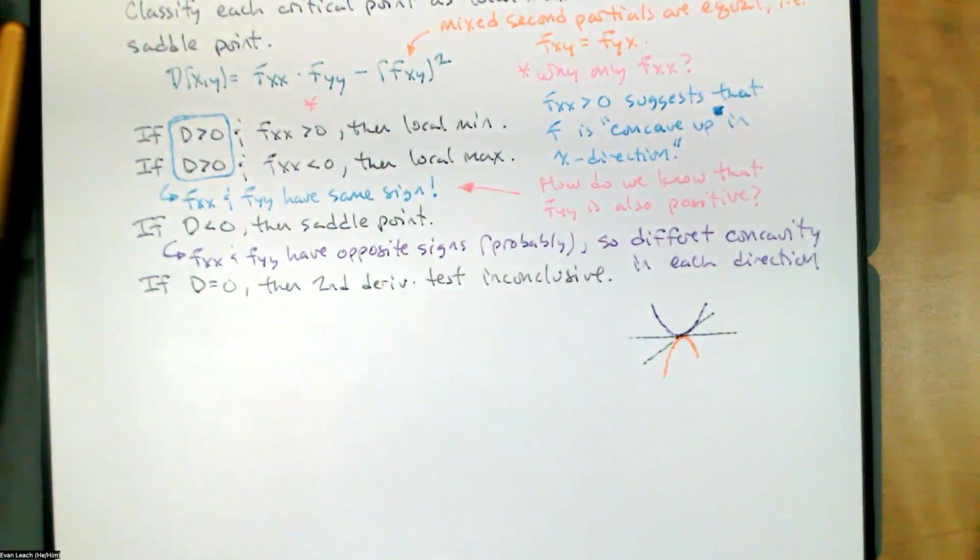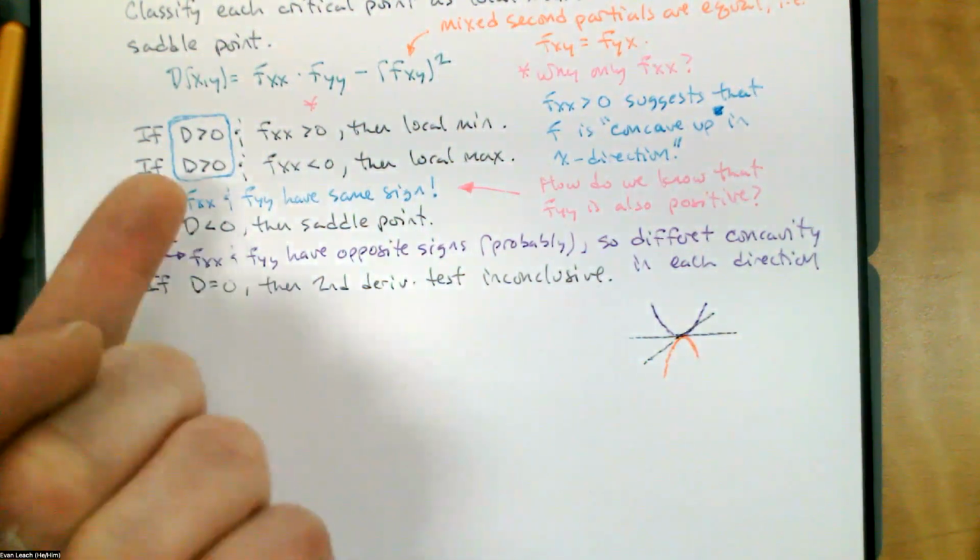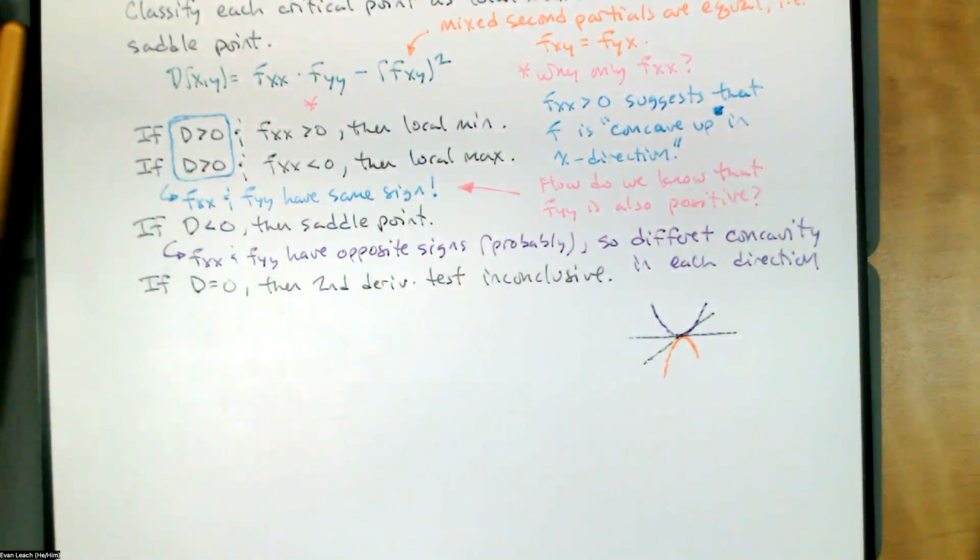If we have concave up in one direction and concave down in the other, then our second derivatives at those points will have opposite signs, making sure that D will come out negative.